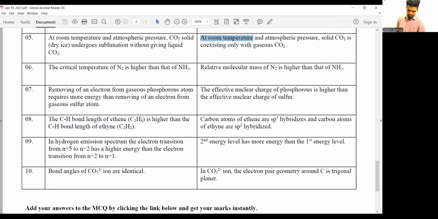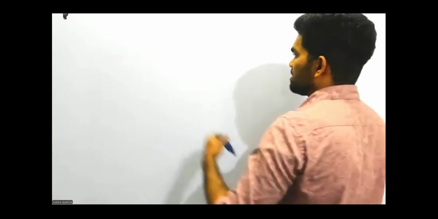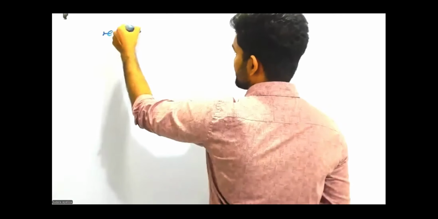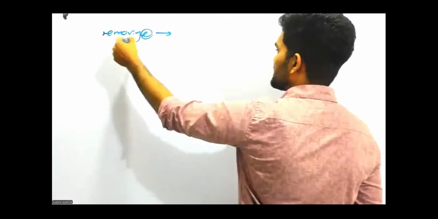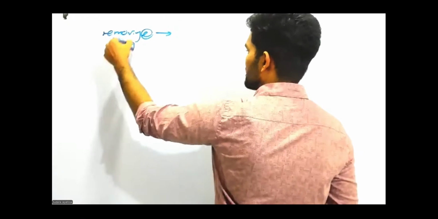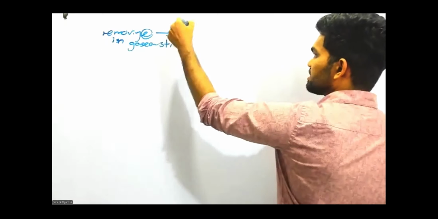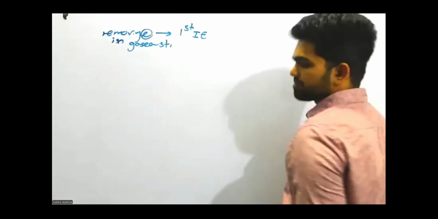So now look at the 7th question. Removing an electron from a gaseous phosphorus atom requires more energy than removing an electron from a gaseous sulfur atom. Okay, so let's see. Removing an electron in the gaseous state means it is the first ionization energy.